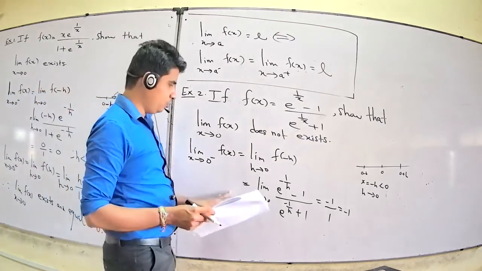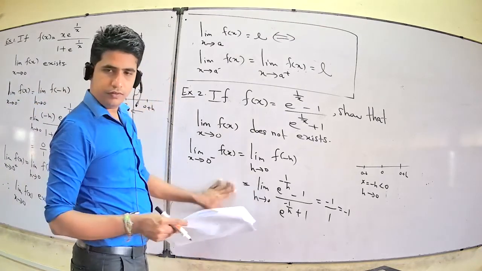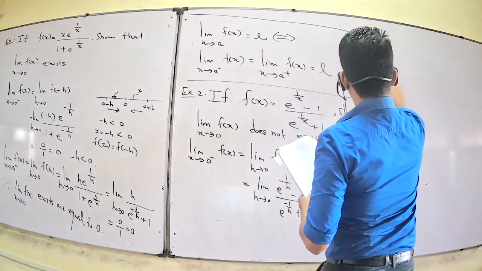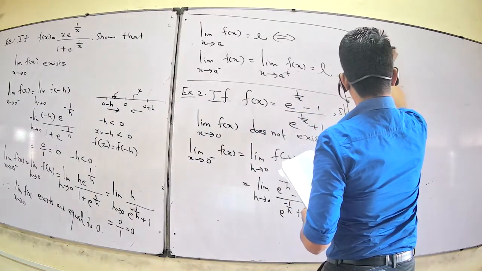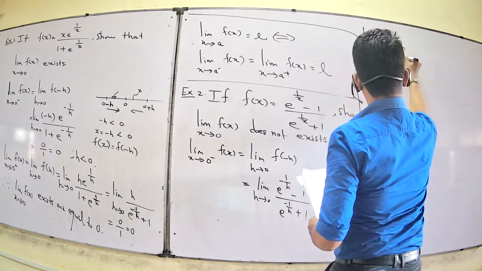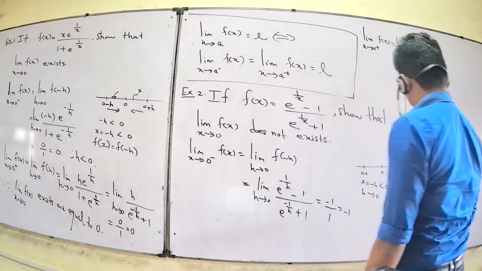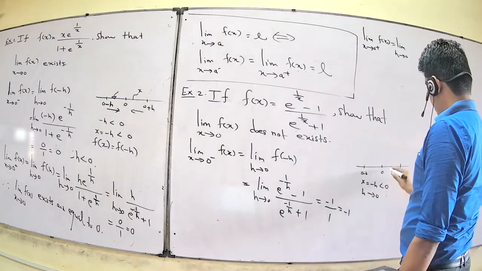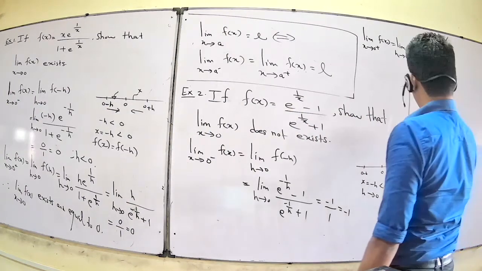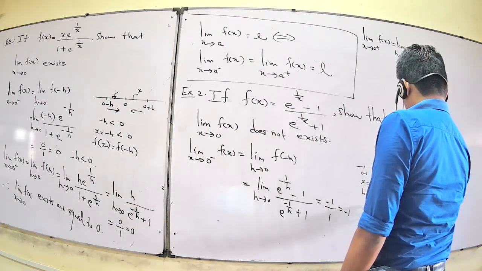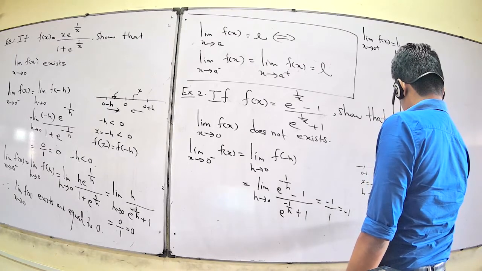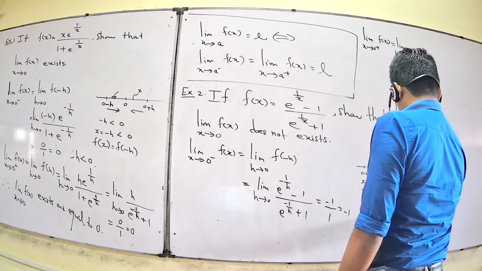Right? It is your left limit. Now we will find the right limit. Limit of x tends to 0 plus of f of x. Here, for your right limit, x equals h, because h is greater than 0, and h tends to 0 means x also tends to 0.